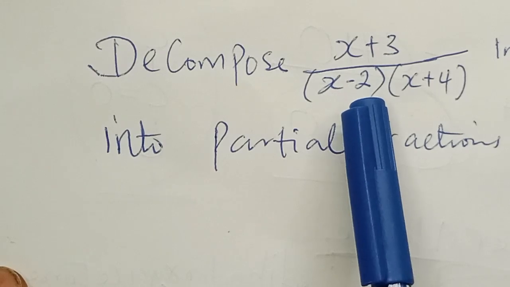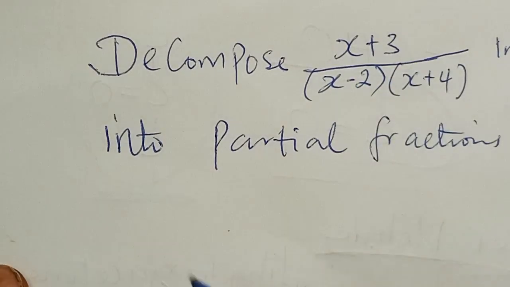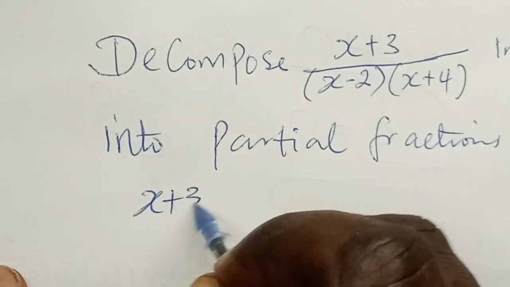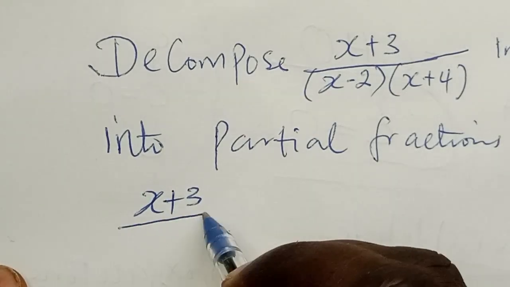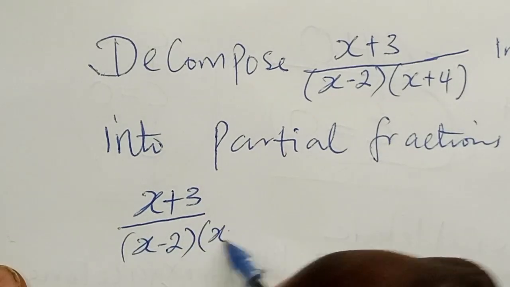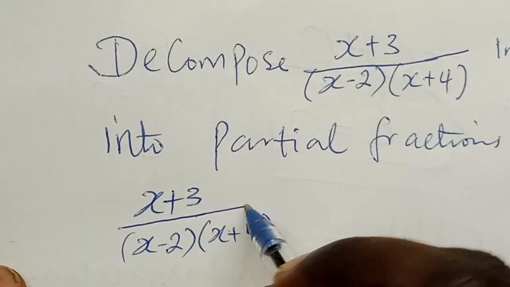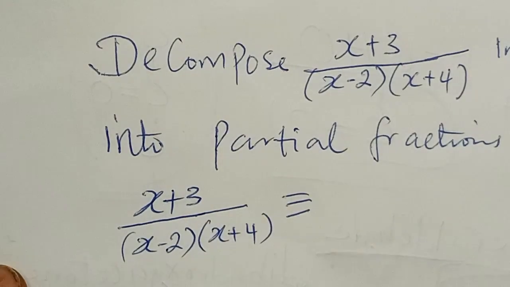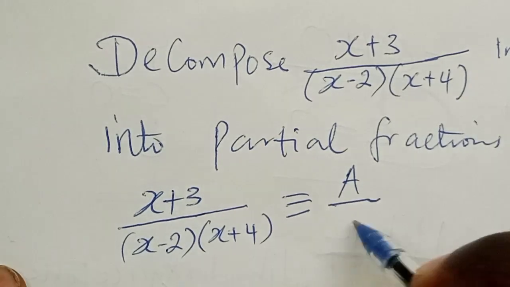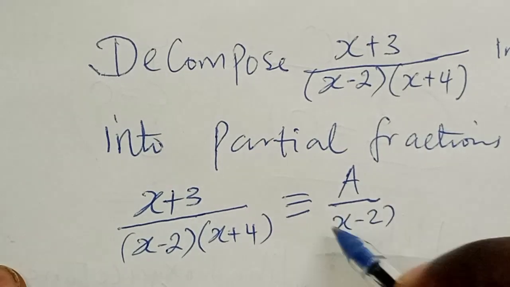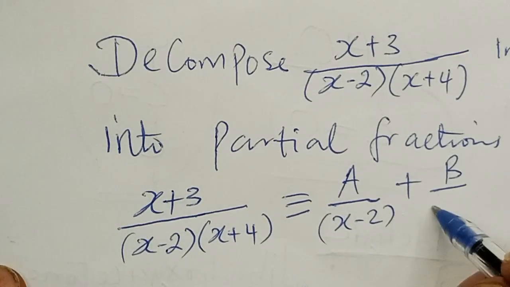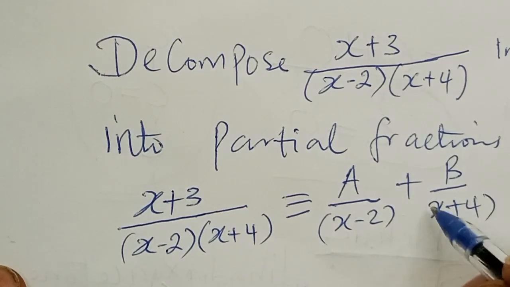Therefore, we are going to express this expression the same way: (x + 3) divided by (x − 2)(x + 4) will be the same as A over (x − 2) plus B over (x + 4).